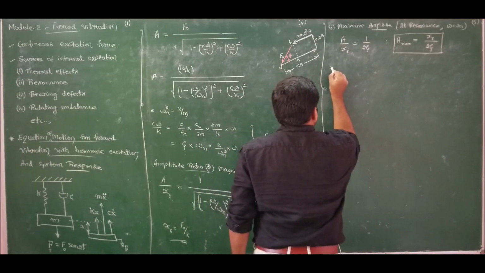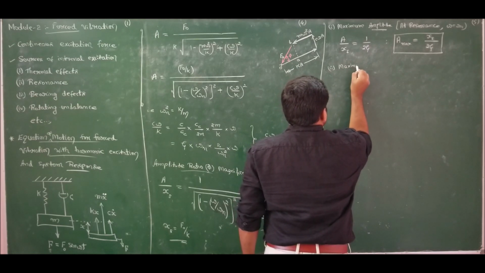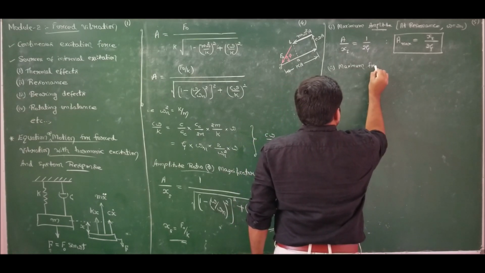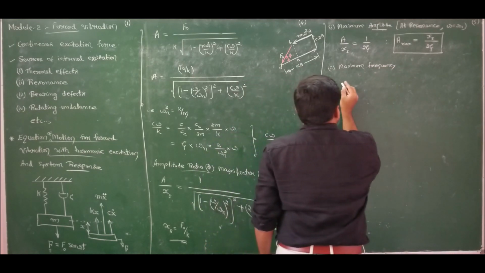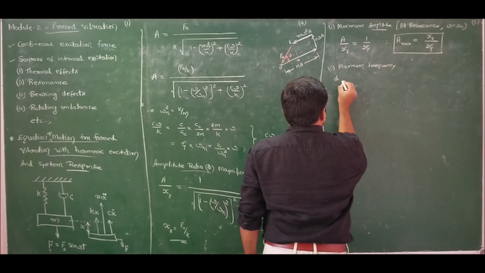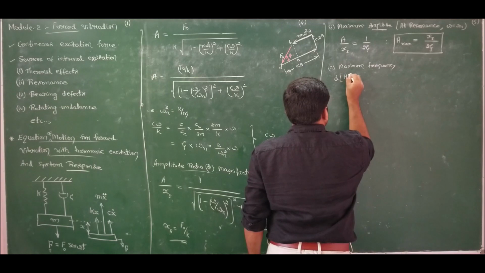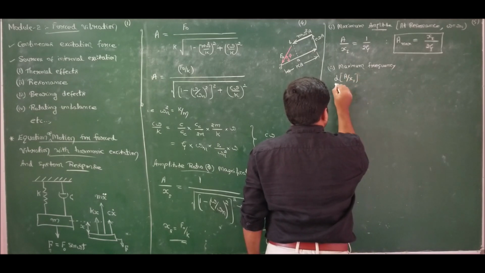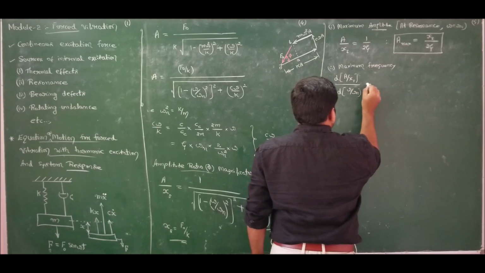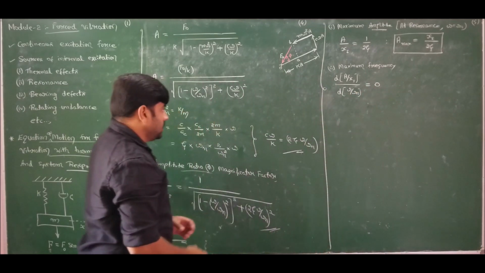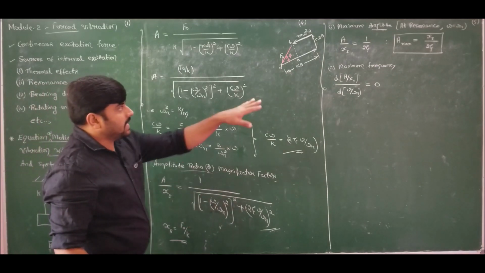Now the second one is maximum excitation frequency. To determine the maximum frequency, what should you do? You should take the derivative of the amplitude ratio with reference to the frequency ratio omega by omega n and equate it to 0.